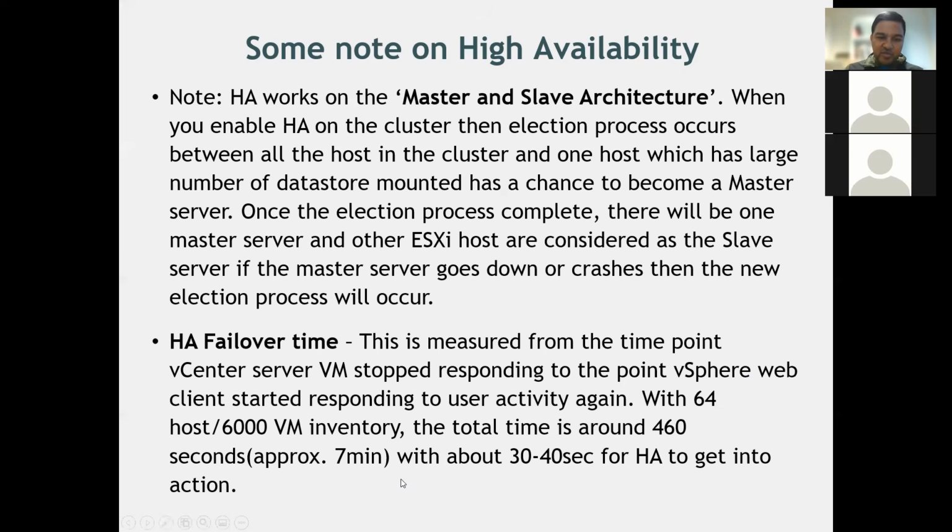So approximately more than 7 minutes, like 460 seconds. So 7 minutes, 40 seconds will be the downtime. And after that, there will be 30 to 40 seconds for high availability to get into action. So in total, 8 minutes of downtime will happen for high availability. So you can understand, even taking so much into consideration, high availability will take at least 8 minutes of downtime.